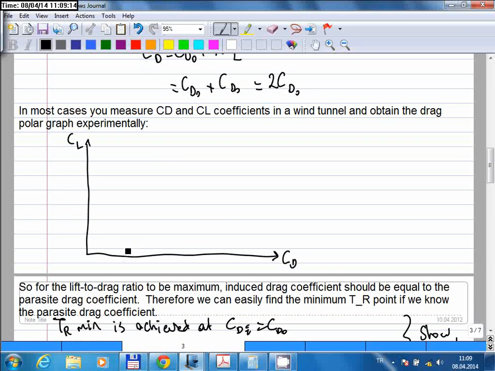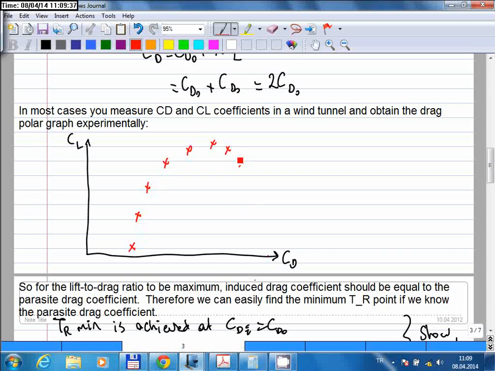So you make a test and you measure the lift and drag force, and from there you find the coefficients and you put them here. You make another test, and let's say you obtain these results, and you keep repeating all these tests, and let's say you measure something like this.